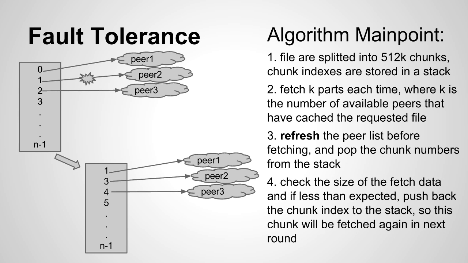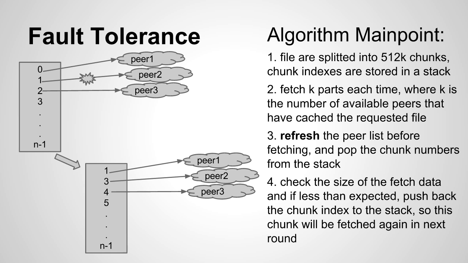For the algorithm to ensure fault tolerance, first, the files are split into chunks, and the chunk indexes are stored in a stack. Second, we fetch k parts each time, where k is the number of available peers that have cached the requested file.